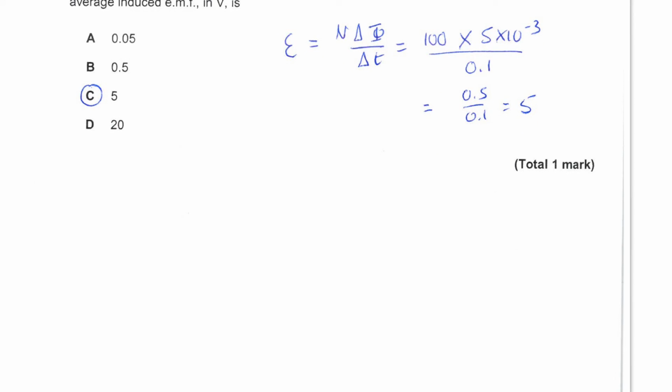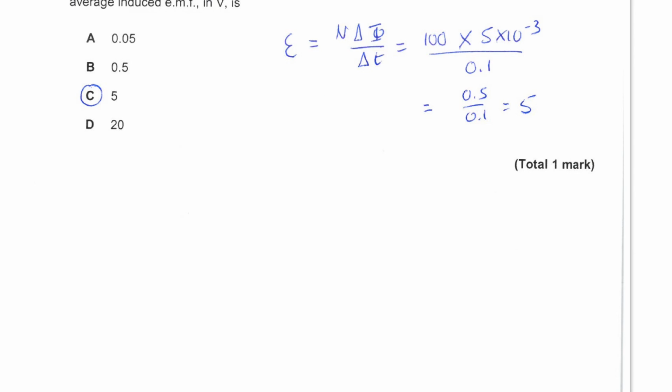Question 26. You're told the magnetic flux threading a coil of 100 turns drops from 5 times 10 to the minus 3 Weber to 0 in a time of 0.1 seconds. You're asked to find the average induced EMF. This is a straightforward application of Faraday's law.